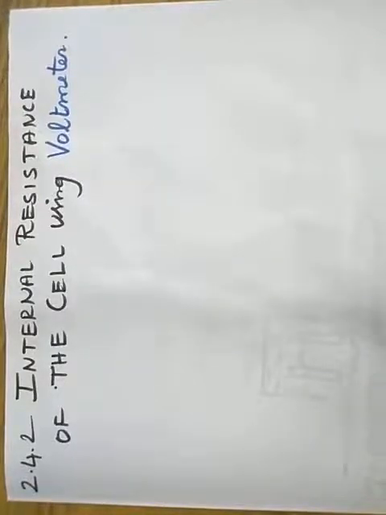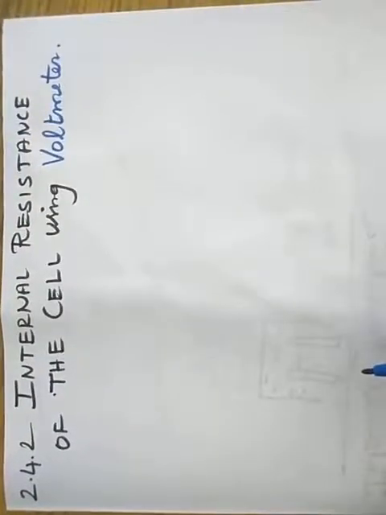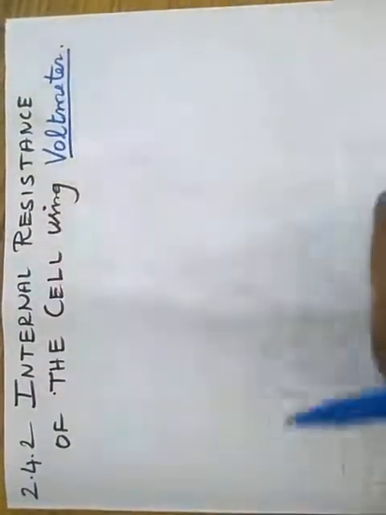Hi students, in this video we will see how to determine the internal resistance of a cell by using a voltmeter. We know internal resistance is the resistance offered by the electrode and electrolyte of a cell to the flow of current. Here we will find that internal resistance using a voltmeter.